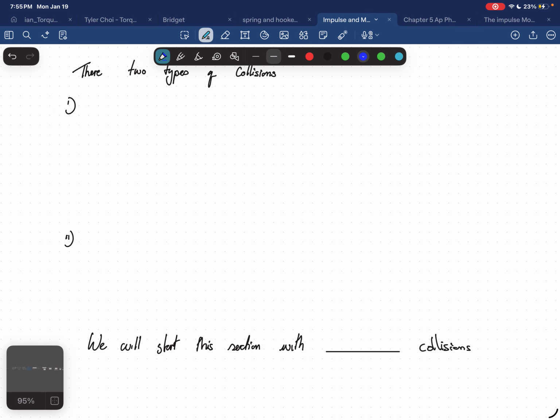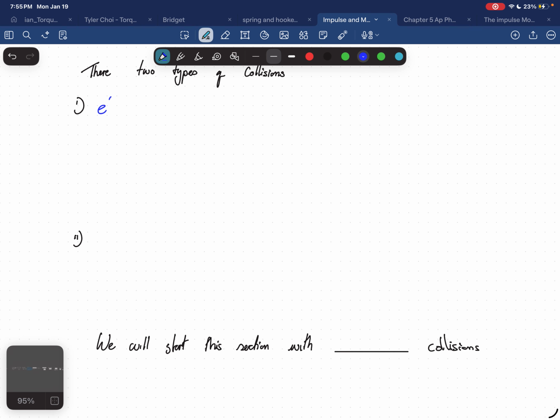So anyway, there are two types of collisions. We have elastic collisions and inelastic collisions.